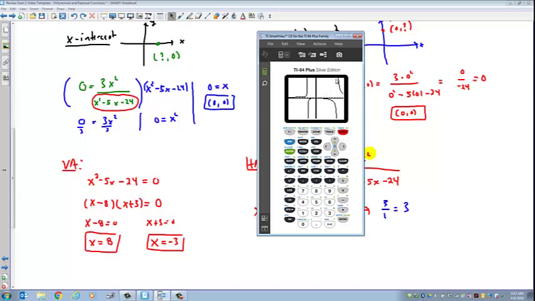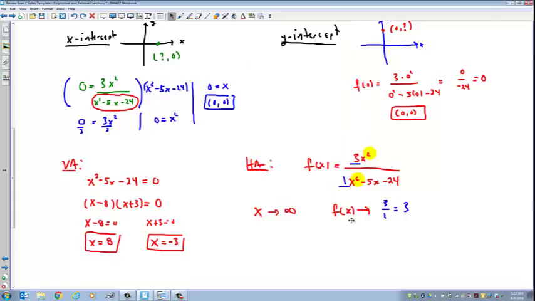So right here, it's going to start heading towards height 3. You know, it does look like it goes to 0, but remember, we're just zoomed out so far, it's hard to see height 3 because we're going to 50 to negative 50. But this one's coming down towards height 3 on the right also. So our horizontal asymptote, instead of x equals, that's a vertical asymptote, we get y equals 3.